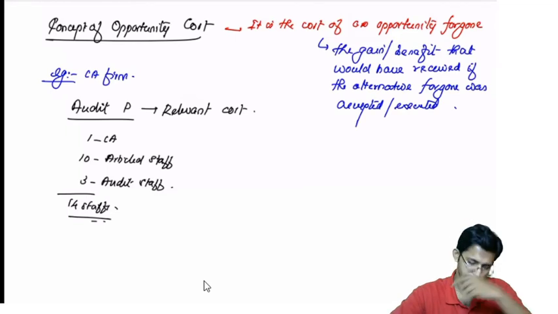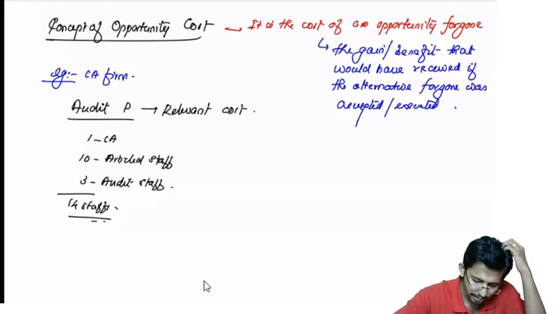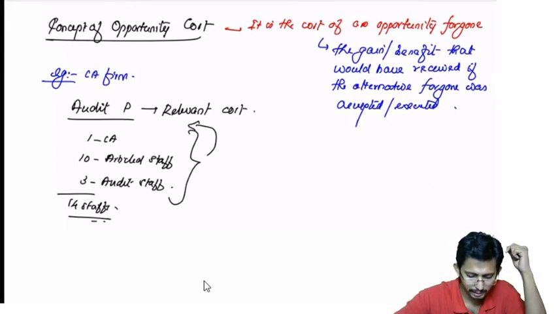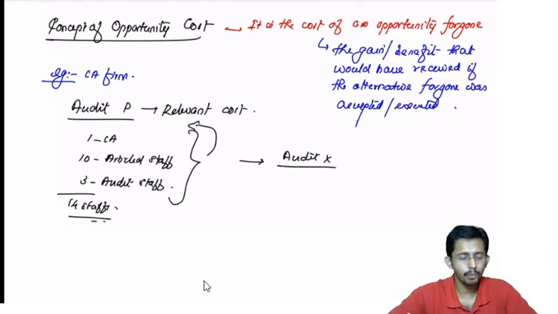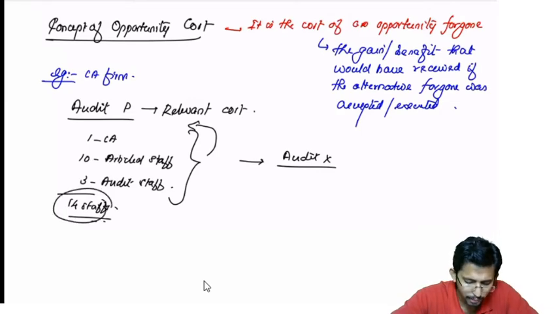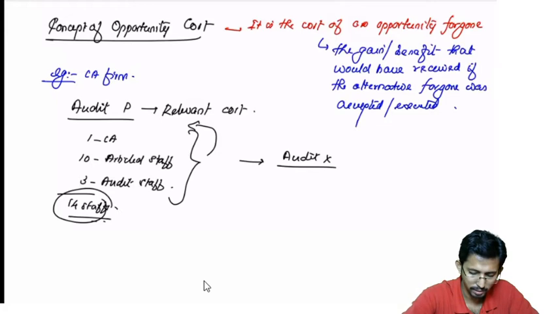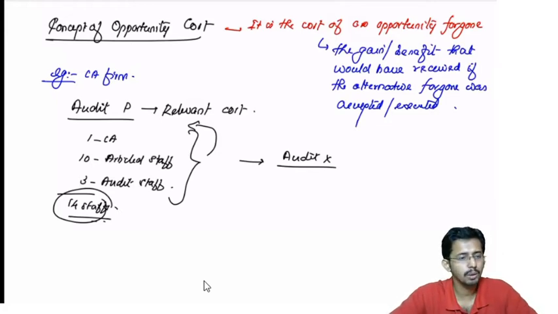Now suppose these 14 staff were not employed for this audit P, then there is some other audit X for which you could have used them. If you are using these 14 staff for audit P, then you cannot take audit X because you don't have sufficient staff.